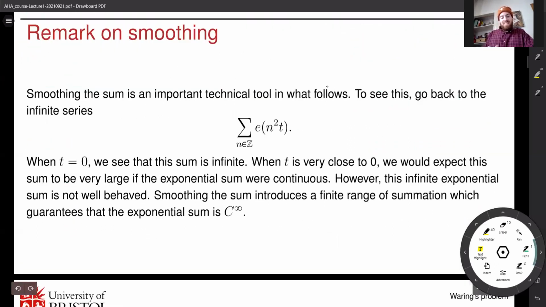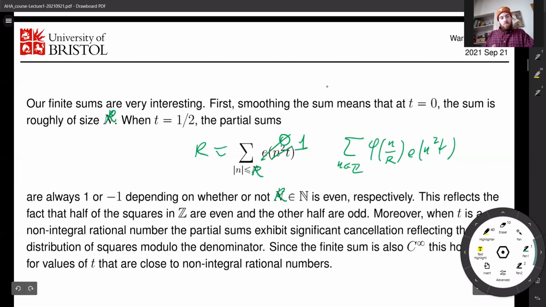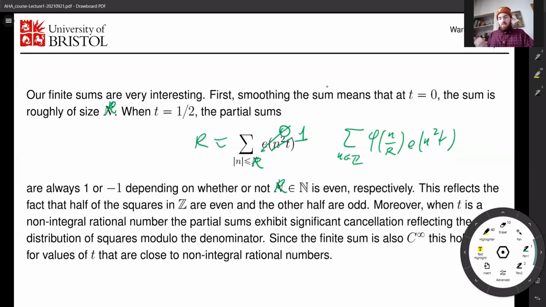The reason why this isn't a big issue is because there's actually a lot of cancellation at other values of t. Near 0, the sum will stay roughly of size r because a trigonometric polynomial is smooth. So by continuity, if I'm r at one point, in a small enough neighborhood I'll be at least r over 2.